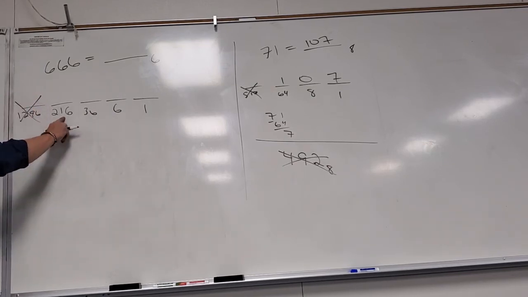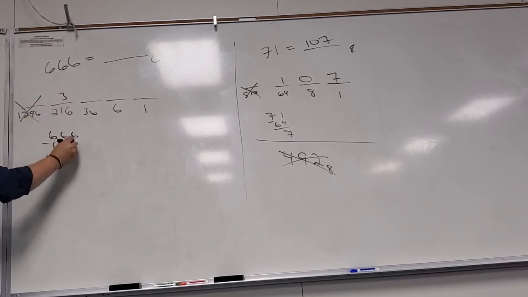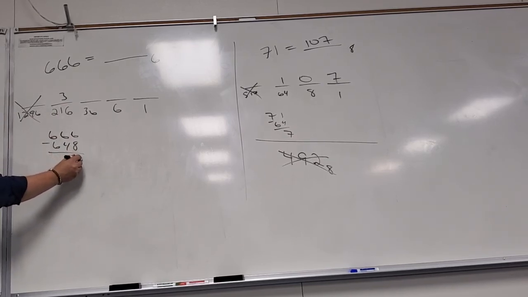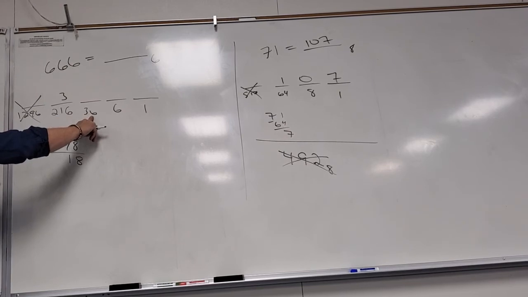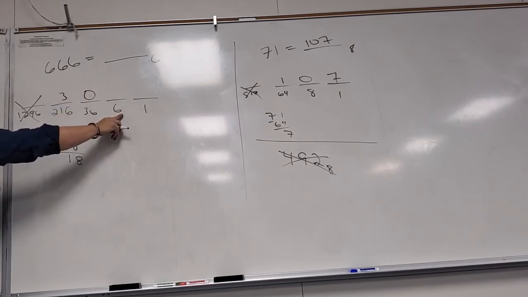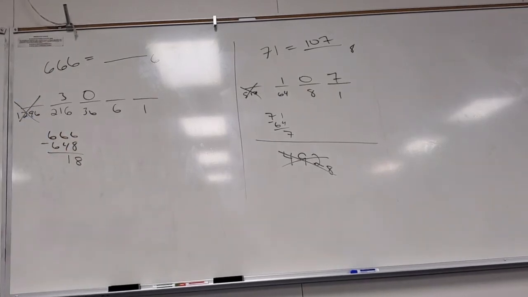How many 216s? 3? Yeah. So 666 minus 648 is 18, thank you. So do I have to use any 36s? No, no 36s. How many 6s? 3, there it is.